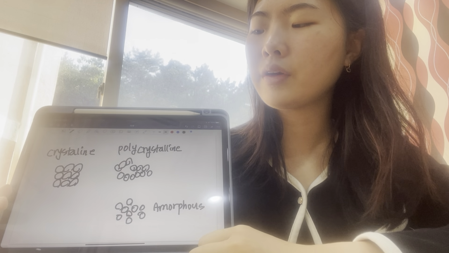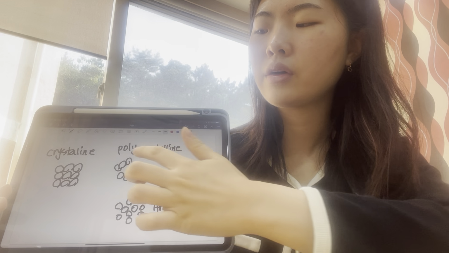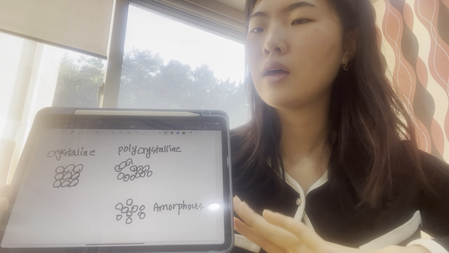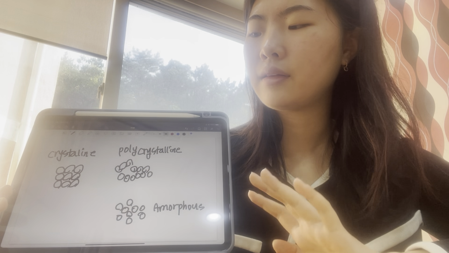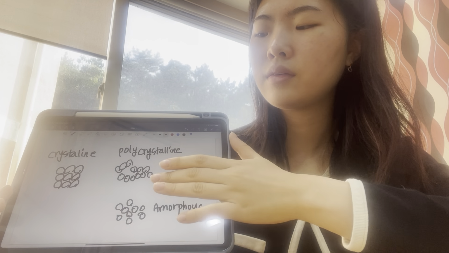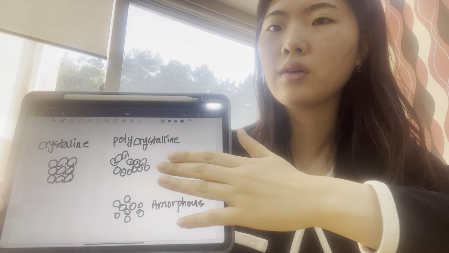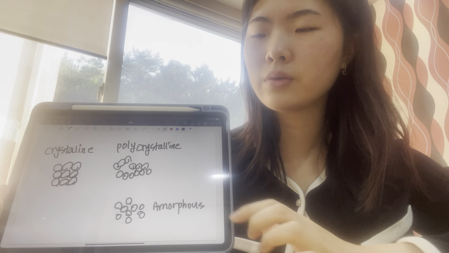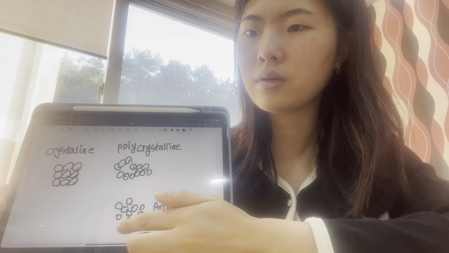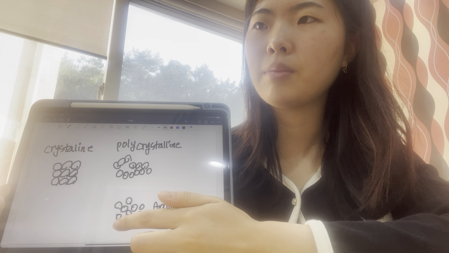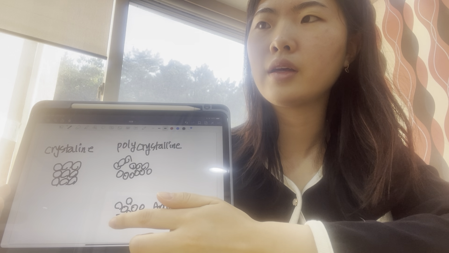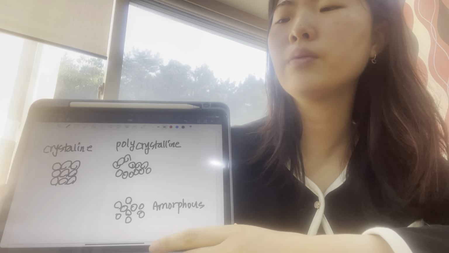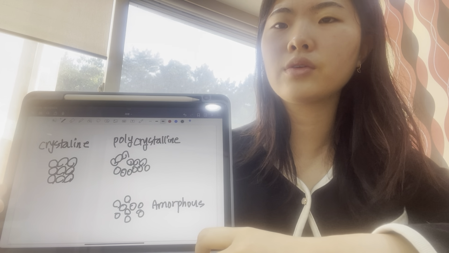So every group, so there are regions of continuous state. So yes, this is also used a lot. And amorphous has no rule, so it is made very randomly. So it looks like this. So there are three types of solid state.